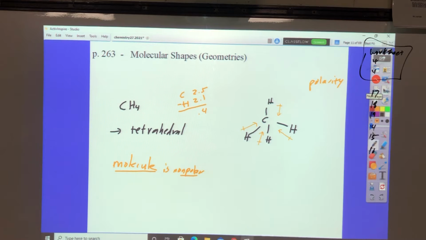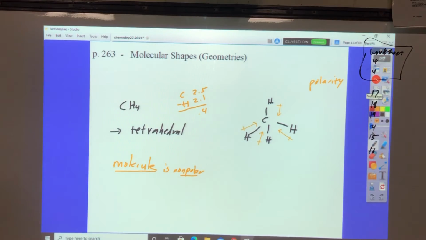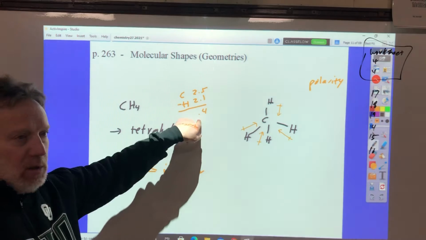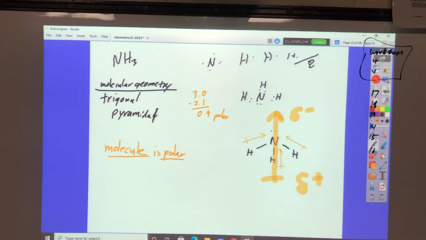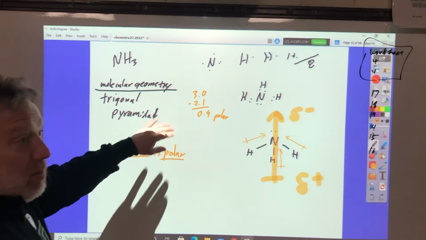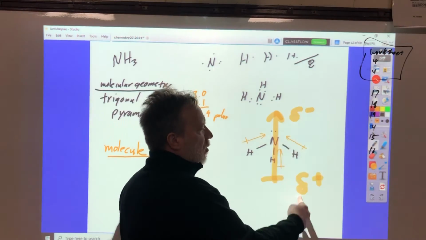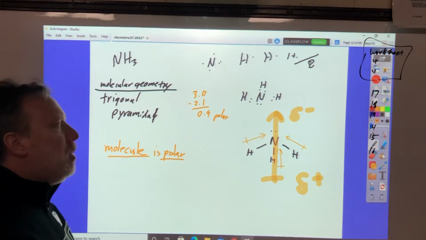Okay, so CH4, methane, was tetrahedral. The molecule ends up nonpolar because these all end up canceling. Here's that subtraction I was talking about. If it's 0.4, it's on the bubble. Each bond here was above 0.4, so each bond was polar, but these added together to give you an overall molecular polarity.